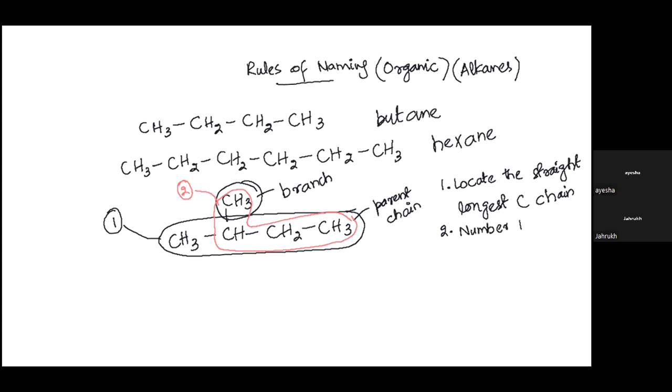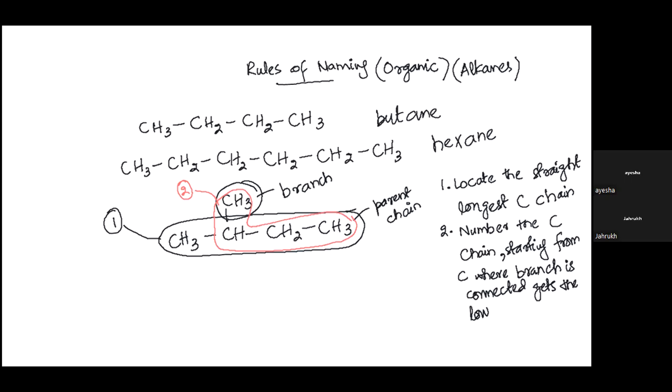Number the carbon chain starting from the carbon where the branch is connected, which gets the lowest possible number.